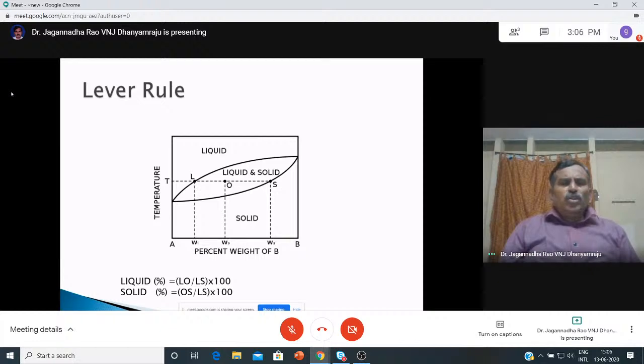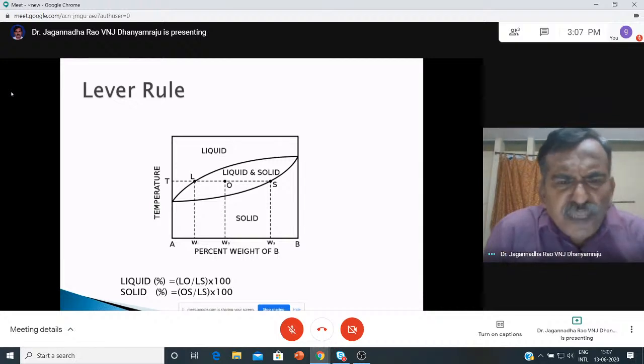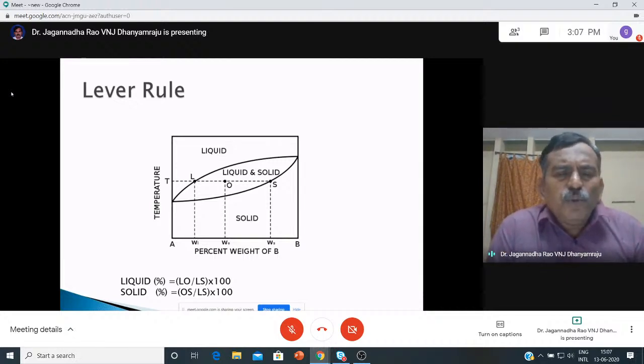Now here the phase diagram will give the information about the composition of the alloy and what is the amount of liquid present in the alloy at any temperature, and what is the amount of solid that is present at a given temperature at a particular composition, right?